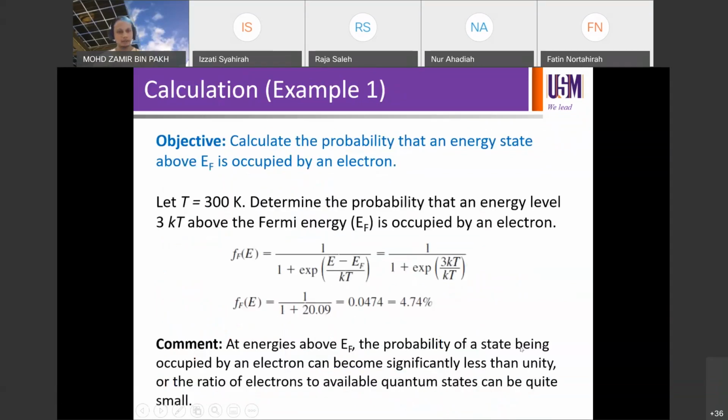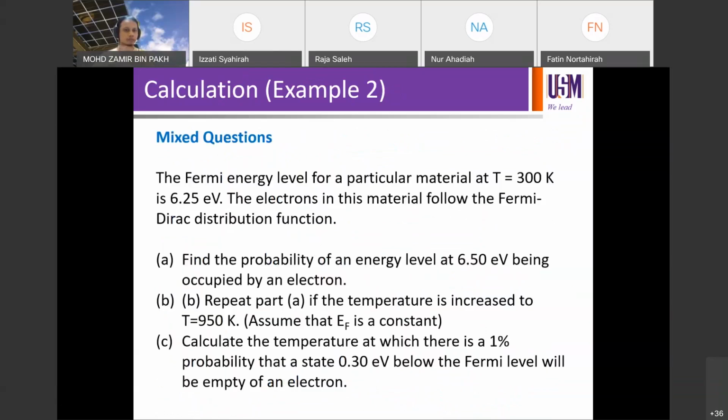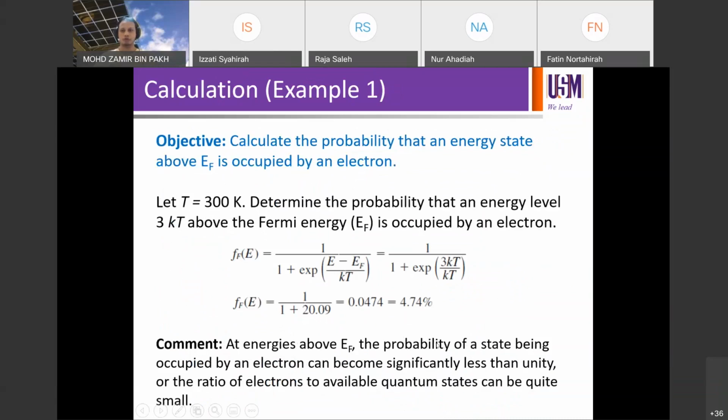Let's go through one calculation, for example, and I'll leave the second example for you to try. Calculate the probability that an energy state above EF is occupied by an electron.